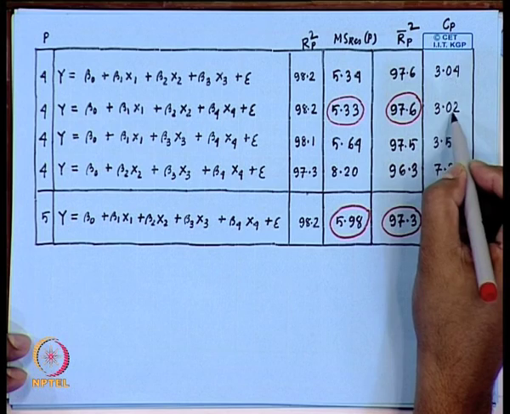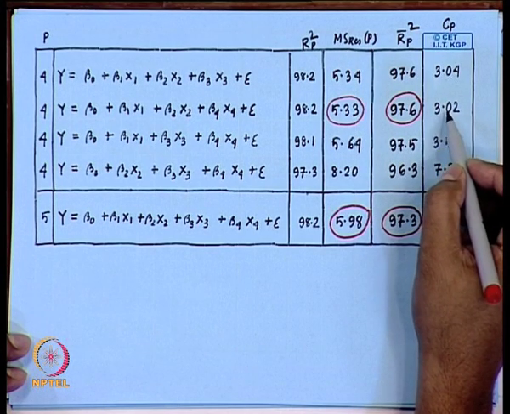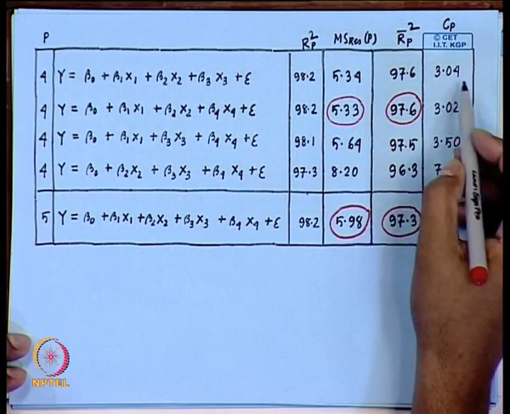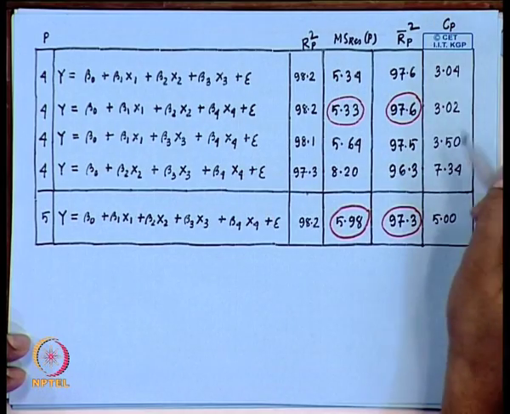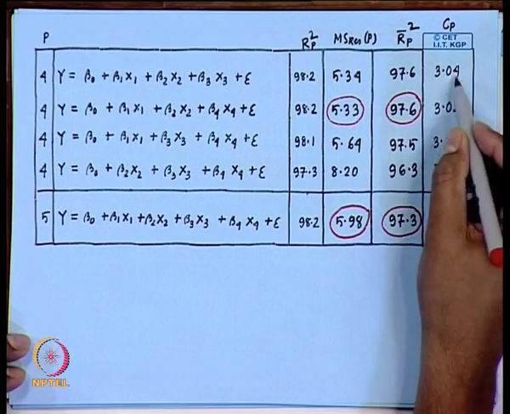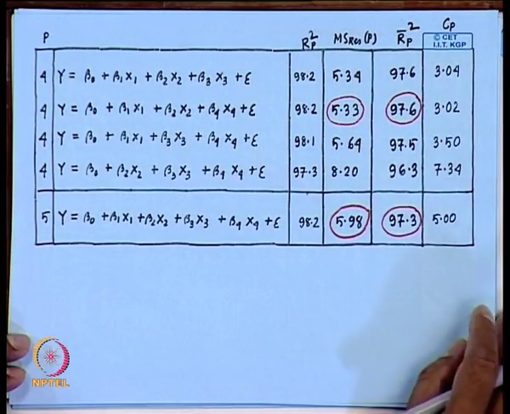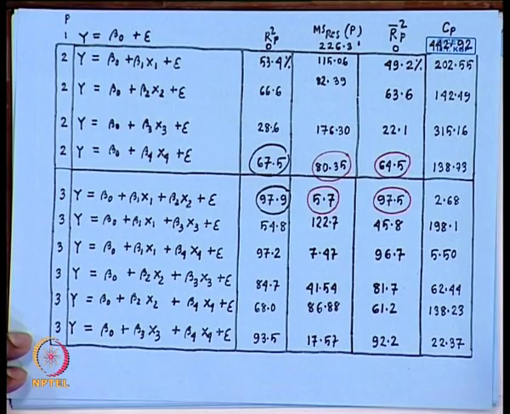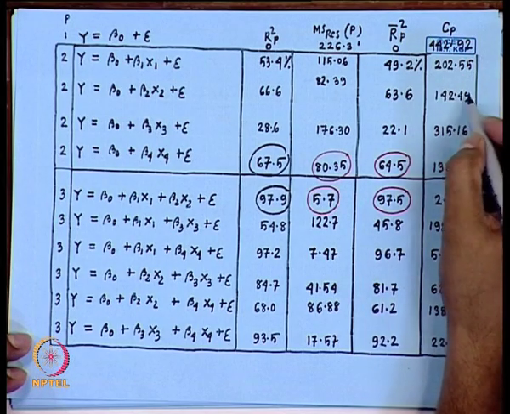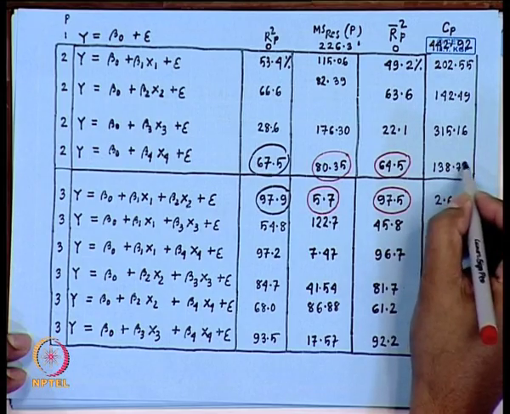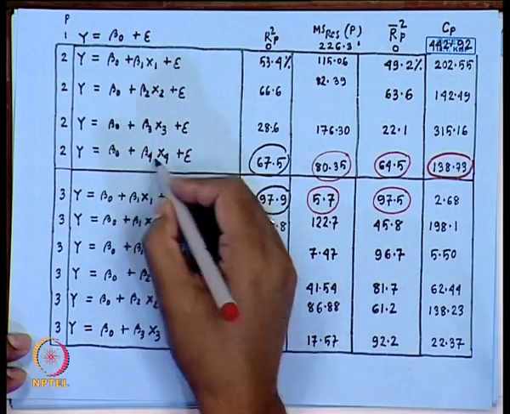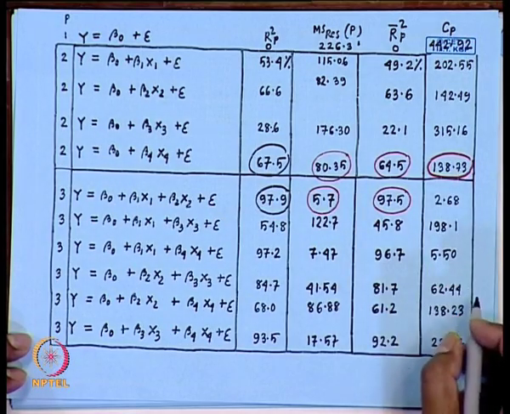Especially 3.02 is a small one, and a low Cp value indicates a better fit. Among these models, this one is the best one, but all three are acceptable because they are reasonably small and also close to p. Here the small Cp is 138, but of course, it is very far from 2. So, this is not acceptable according to the Cp criteria.